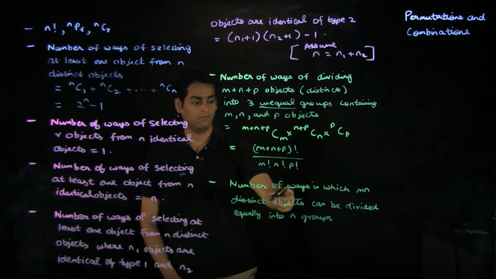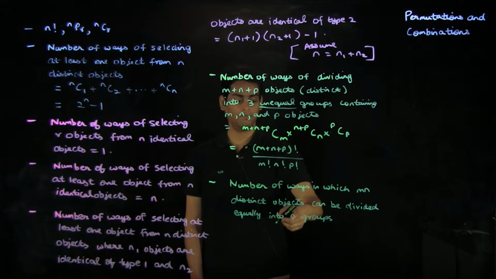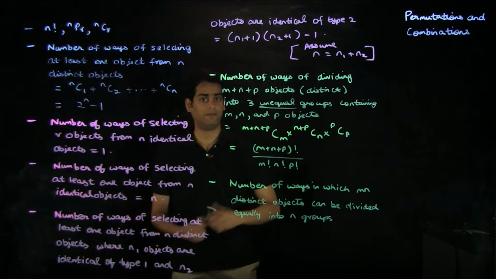Now we want to divide mn objects equally into n groups, so each group will have m objects.